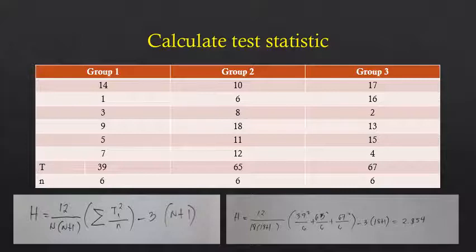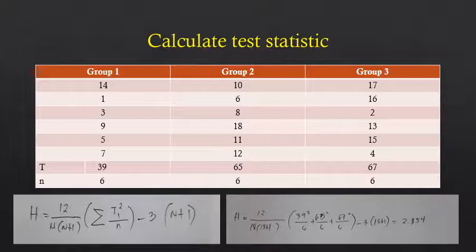The T1, the T for group 1, would be 39, which is the sum of all the 6 numbers, as well as group 2 and group 3. So there we could see the T1 is 39, the T2 is 65, and the T3 is 67, squared, which we're going to add, those three numbers with the denominator of 6.